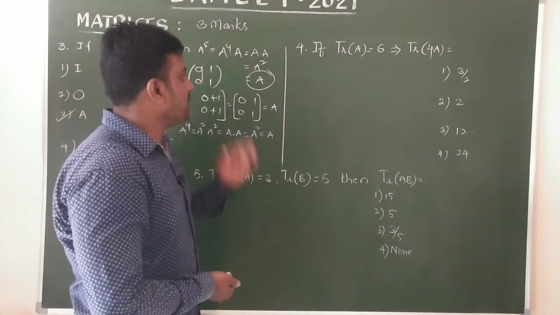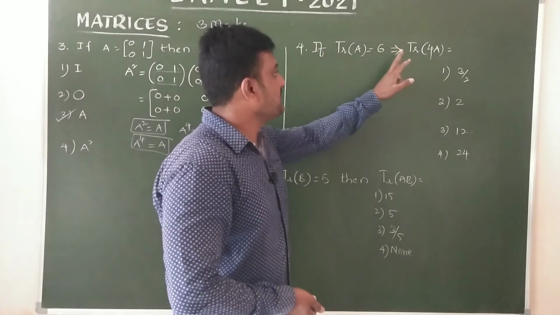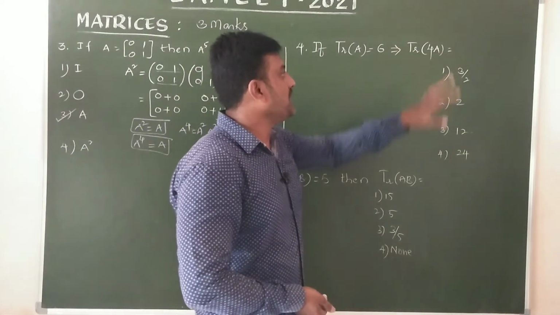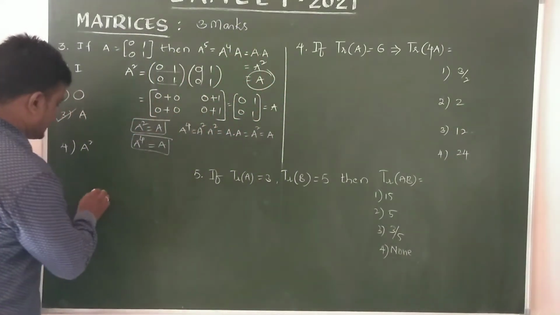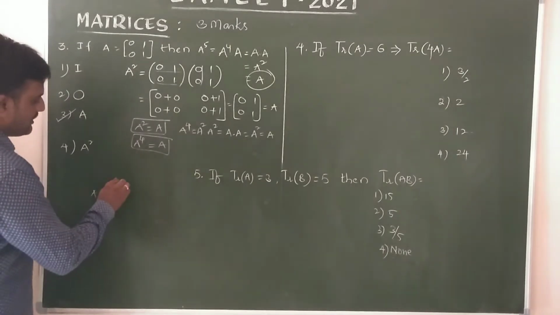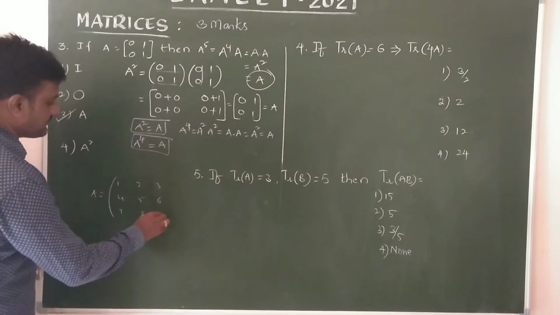Let us go with the fourth one. If trace of A equals 6, okay, then trace of 4A equals what? We know. What about trace? Suppose for example A equals 1 2 3 4 5 6 in a square matrix.